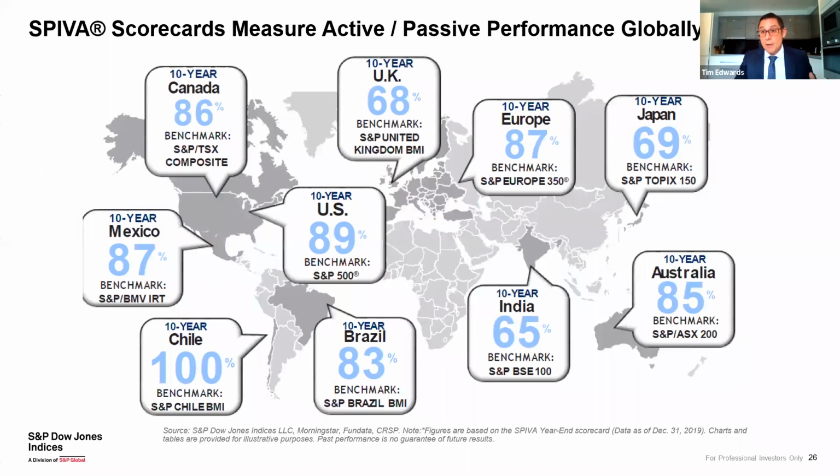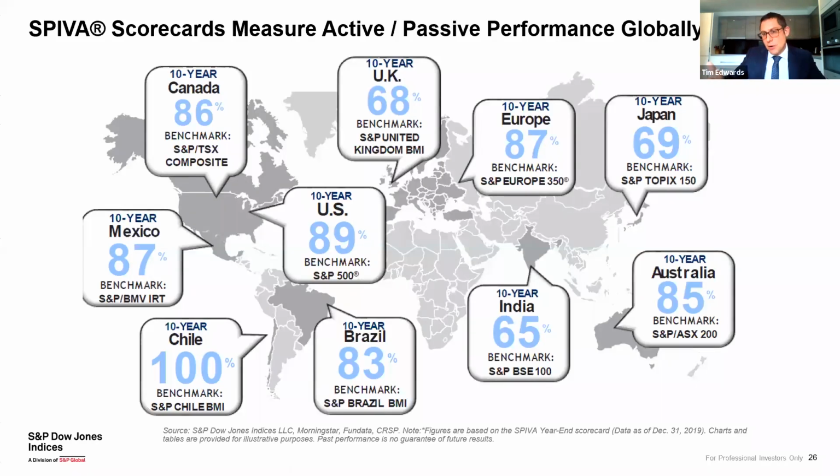we've been busy and we basically reproduced that analysis for a range of global markets. So looking at the Canadian fund market, Latin American fund market, UK fund market, European, Japan, Asia, and India. What I'm showing you here are 10-year statistics, the percentage of funds that were beaten by the benchmark.